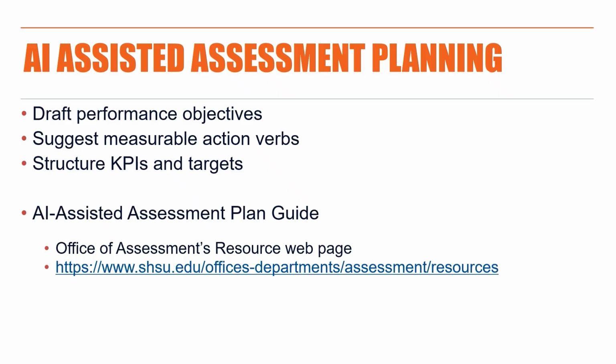Human expertise is essential to ensure alignment with strategic initiatives, operational standards, unit goals, and needs. AI should be viewed as a starting point that supports reflection and planning, not as a replacement for professional judgment. When used thoughtfully, AI can enhance efficiency while keeping assessment grounded in academic expertise and intentional decision-making.